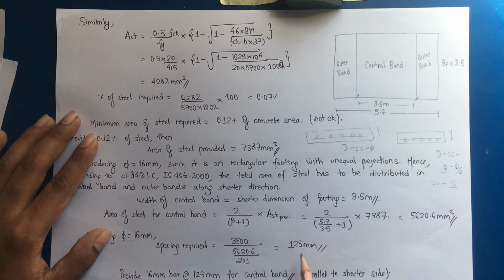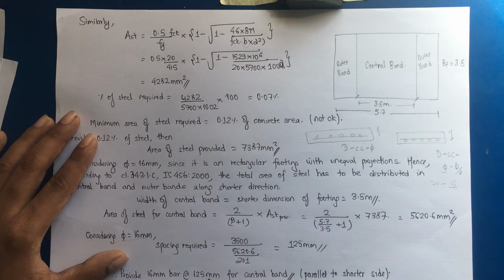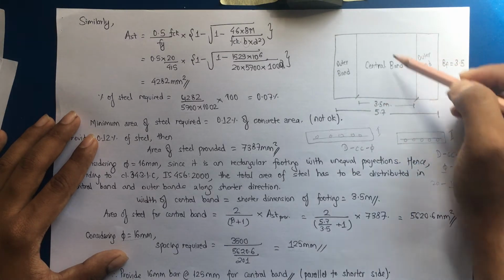So this comes as 125 mm, and as I have said, we'll provide the spacing in multiples of 25 considering the site work, that is, easiness at the site. So providing a 16 mm bar at 125 mm for the central band, which is parallel to the shorter side.